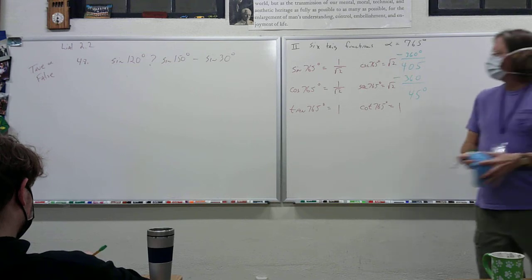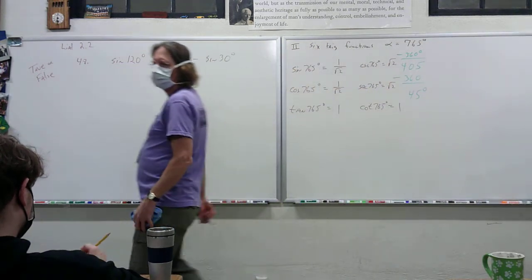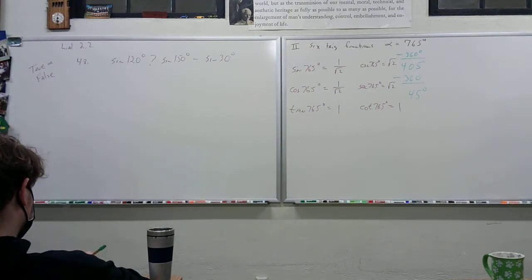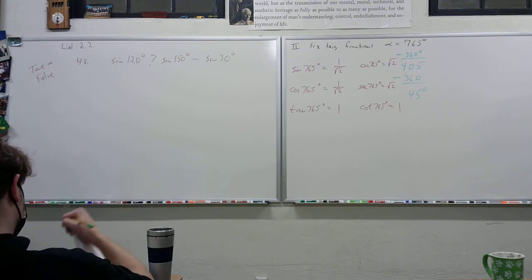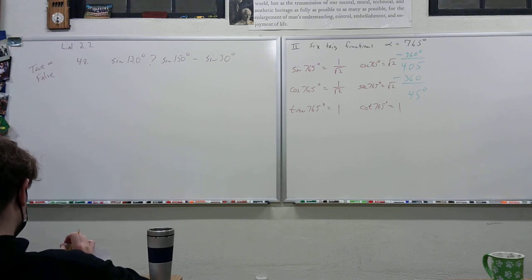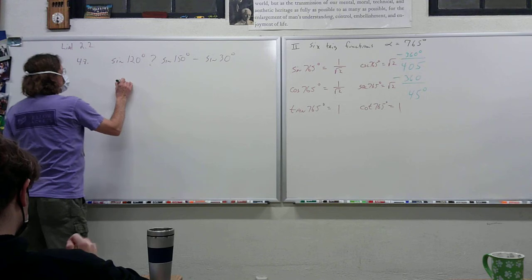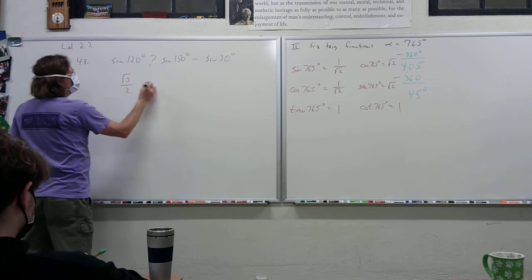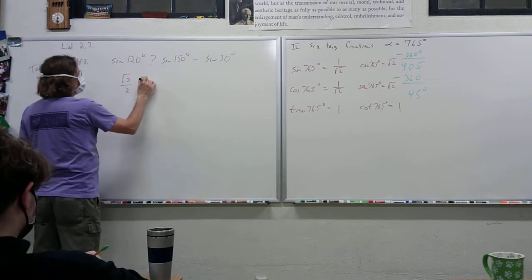Well, all you got to do is look on your unit circle and tell me what the sine of 120 degrees is. Square root of 3 over 2. So I guess I go ahead and put an equal sign, question mark.